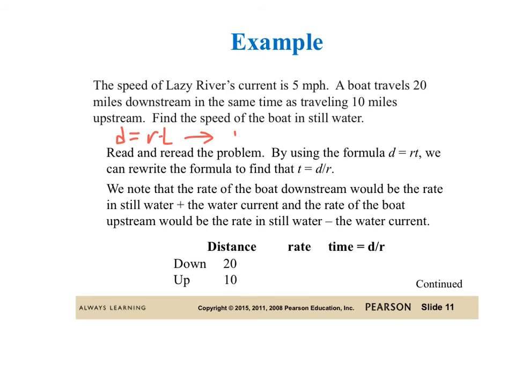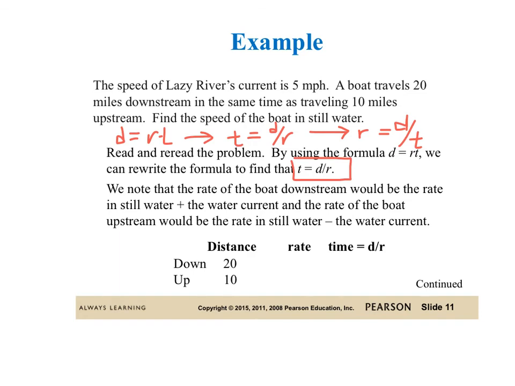In other words, t would be equal to d over r. Or, for that matter, r would be equal to d divided by t. And it's going to be the fact that t is equal to d over r that we're going to use. So we're going to use the middle version of that formula.